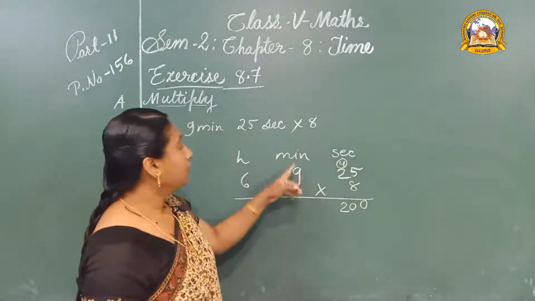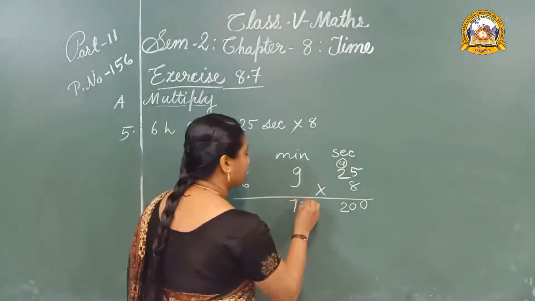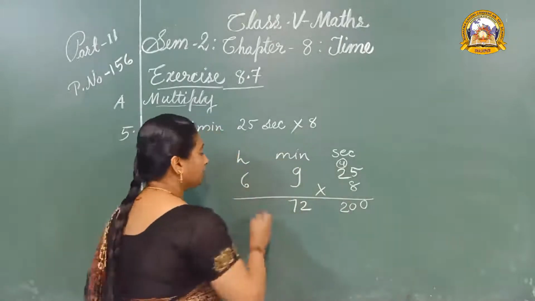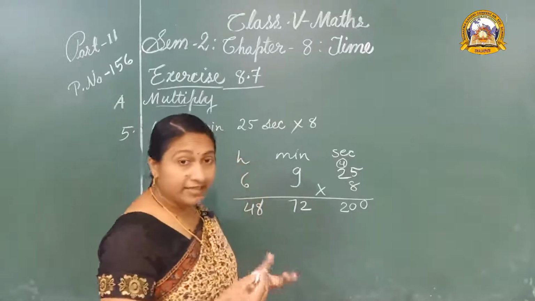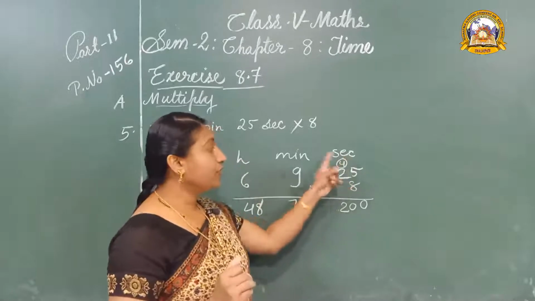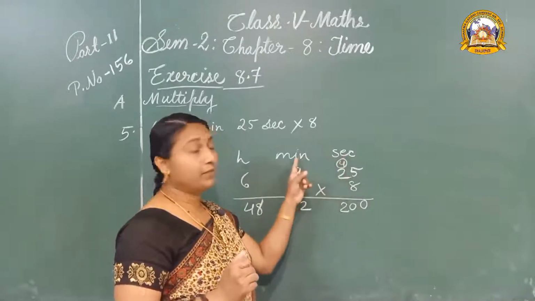Then 9 into 8. 9 8s are 72. 72 minutes. Then 8 6s are 48. 48 hours. Next step is we have to check the relationship between these two columns, seconds and minutes.